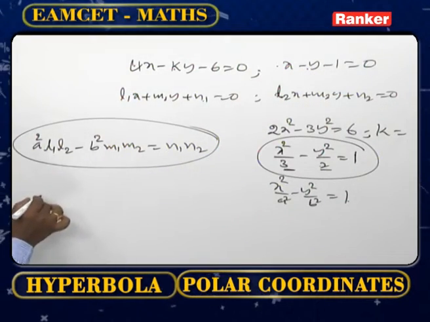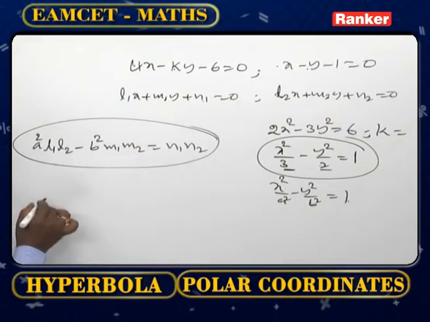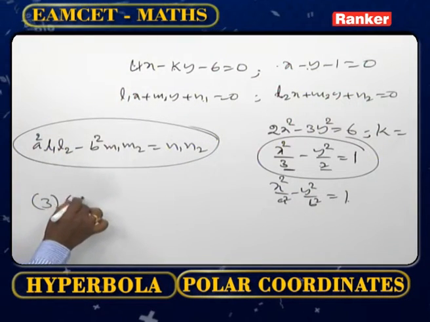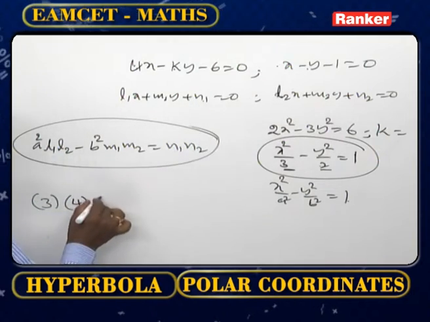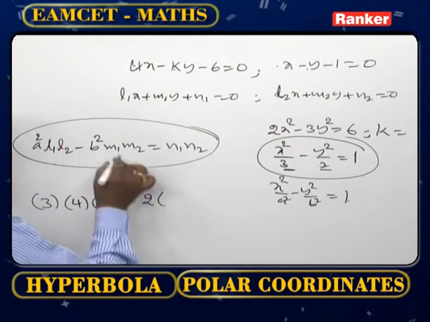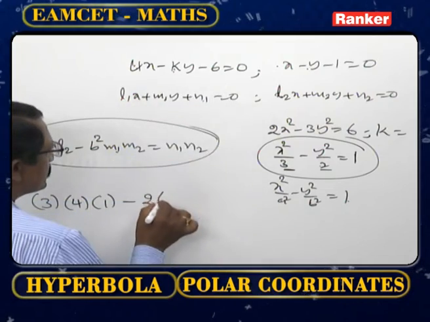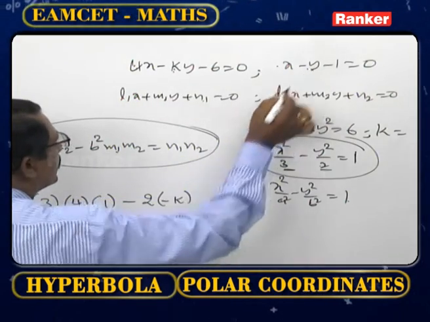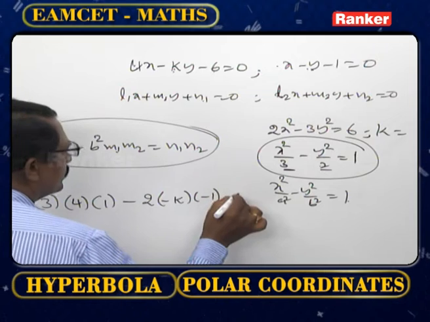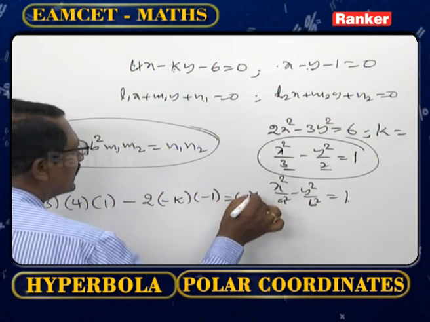Now substituting a square equals to 3 into L1 L2, 4 into 1, minus b square 2 into M1 M2, where M1 equals to minus k, M2 equals to minus 1, equals to N1 N2, minus 6 into minus 1.